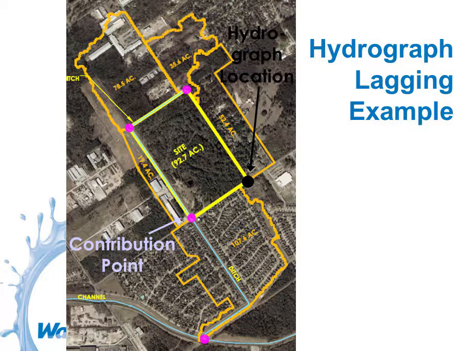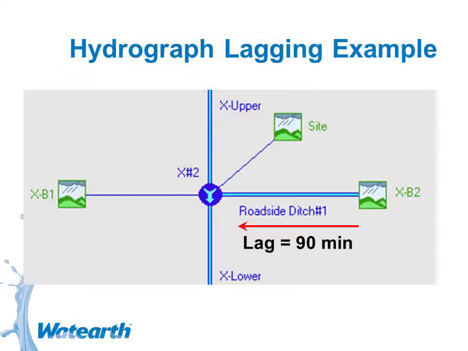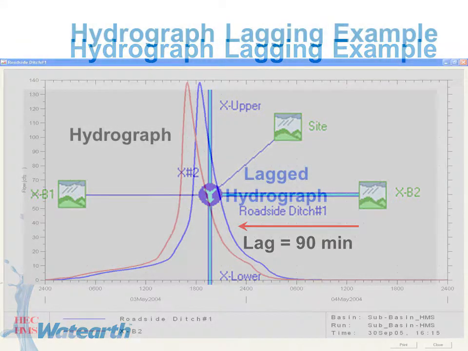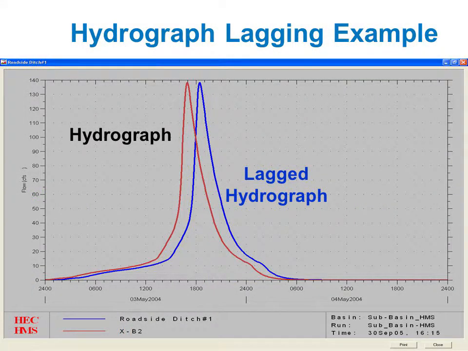So I think in this case there was no detailed survey data on the ditch, and it's not super long, but we wanted to account for the travel time, and so just the lagging method was used with an estimated slope and velocity, and so it was lagged 90 minutes. So that's a hydrograph routing option you can use in HEC-HMS. It doesn't change the shape, it doesn't change the peak, it just basically picks it up and shifts it in time.